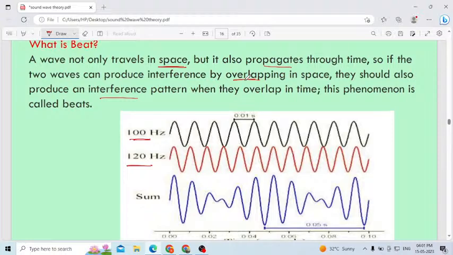There should also be an interference pattern. They overlap in time. This phenomenon is called a beat.